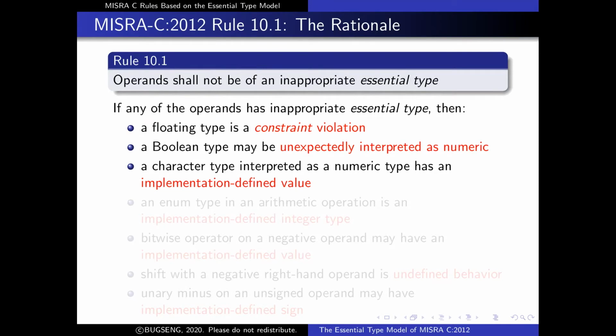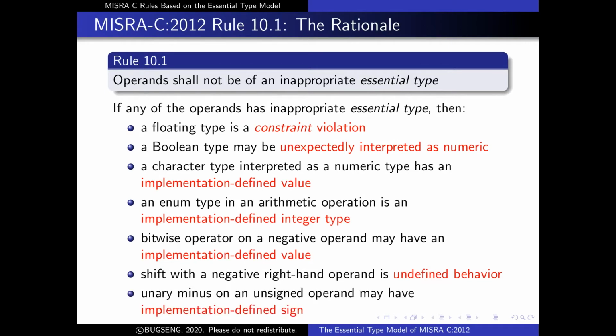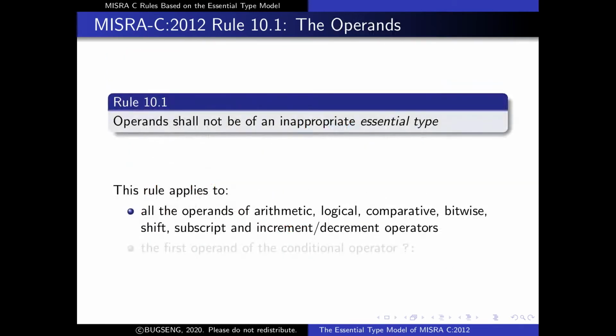Let me remind you that plain char can be signed or unsigned, and this is implementation defined. Similarly for the enumerated types. A bitwise operator on negative operands may have an implementation defined value due to the representation of integers. Shift with a negative right-hand side is undefined behavior. Unary minus on an unsigned operand may have an implementation defined sign. These are a selection of the reasons why you shouldn't violate this rule.